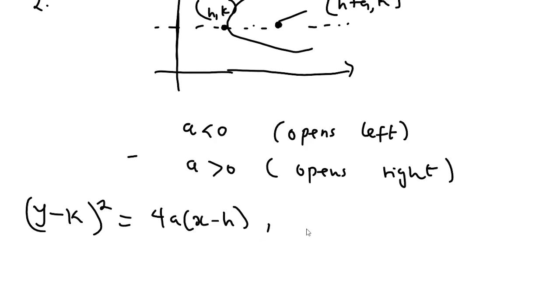Now, what will be the vertex? The vertex is going to be (h, k). That becomes the new vertex. What is going to be the focus?